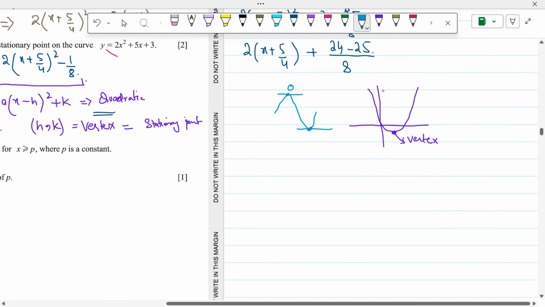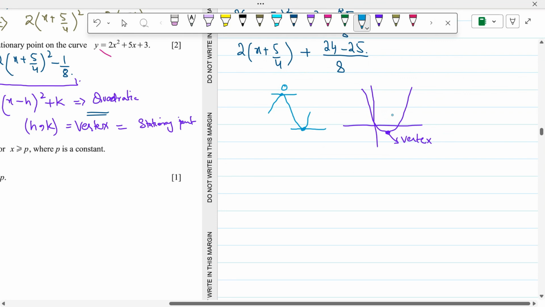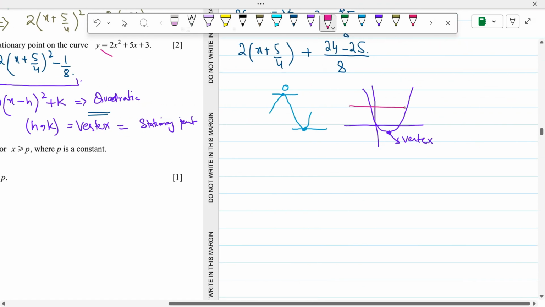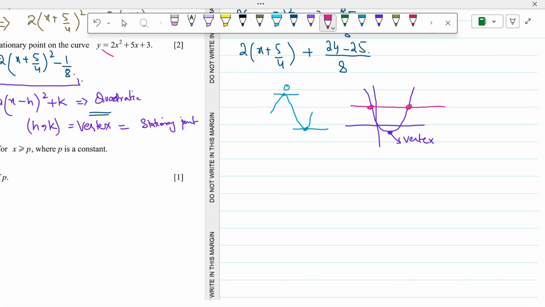This function does not satisfy the horizontal line test, because when we draw a horizontal line, the curve will intersect at more than one point. The test is passed if the horizontal line intersects the curve at only one point.